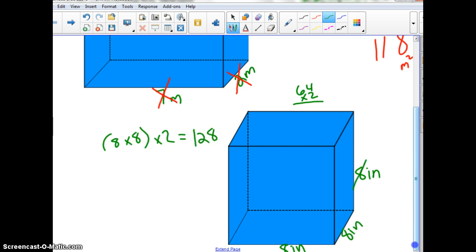Now, could I do this 2 more times? Yes. Absolutely. I could write this exact thing out here and here. Or I could take 128 times 3, since it's a cube. 24.